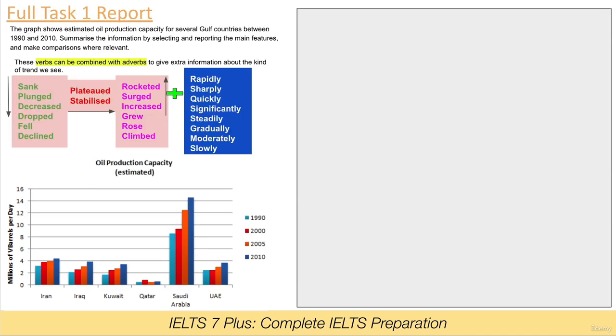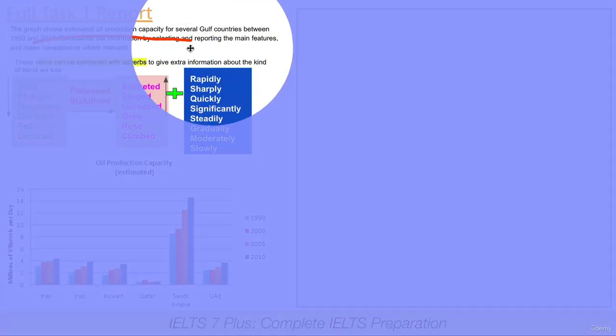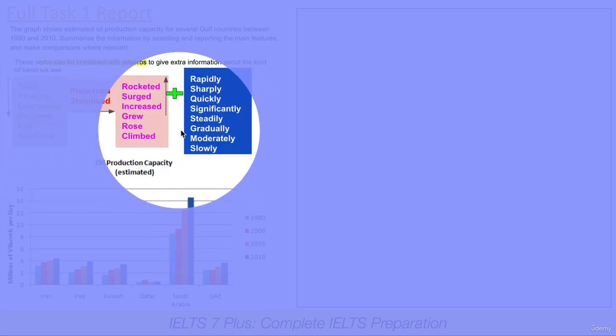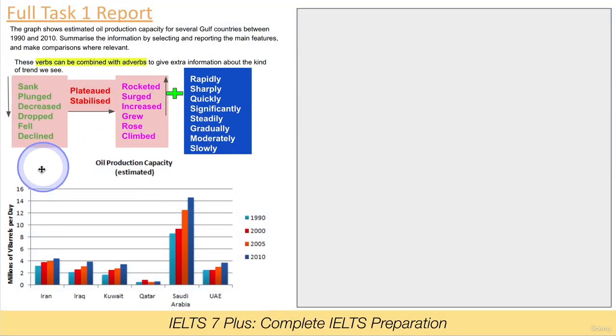Now I think we can go to our write-up itself, and we have our question here. We have our useful words, synonyms that will help us interchange our language so that we're not repeating ourselves too much.